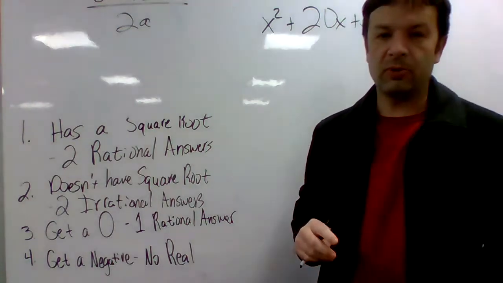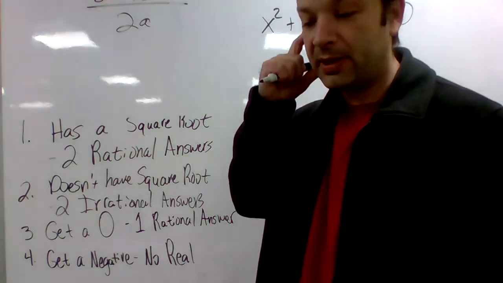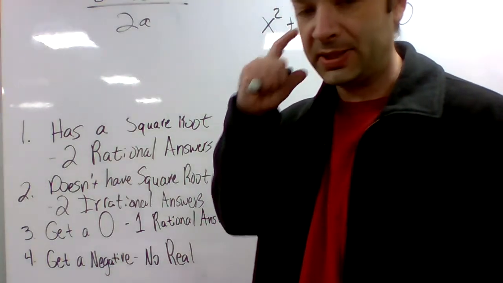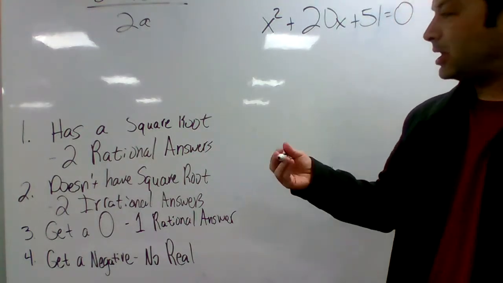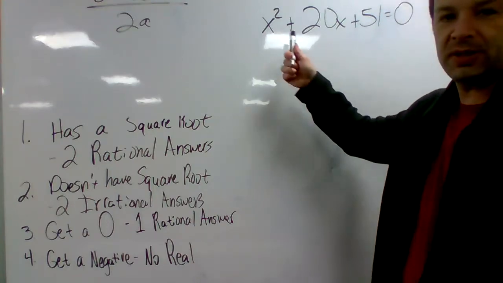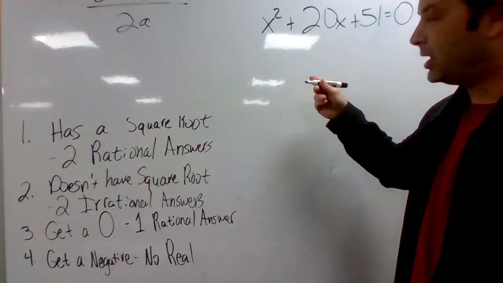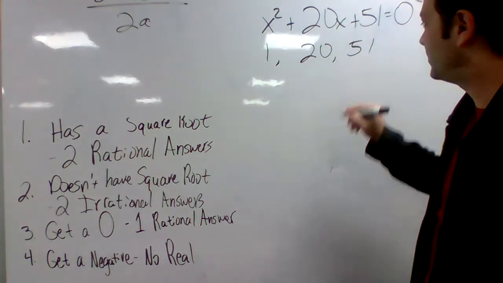Alright, so what we're going to start with is the same thing you were doing on the last assignment. And that is get the a, b, and c out, and then plug those a, b, and c's in, and then let's see what we get. So what is a, b, and c? A is 1, b is 20, c is 51.